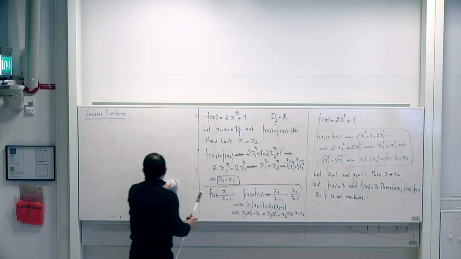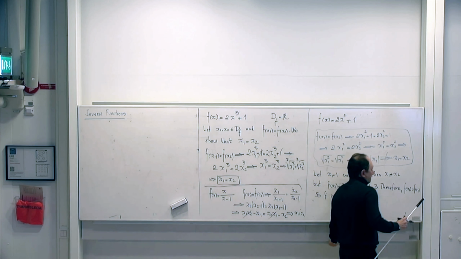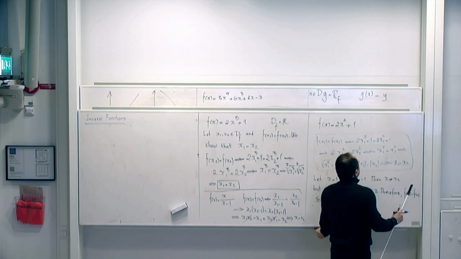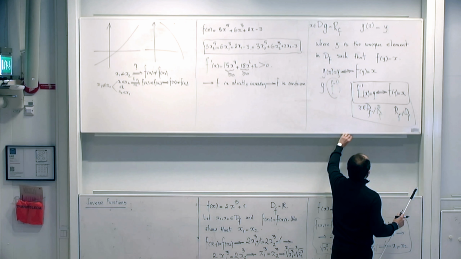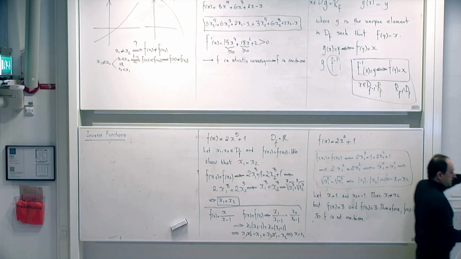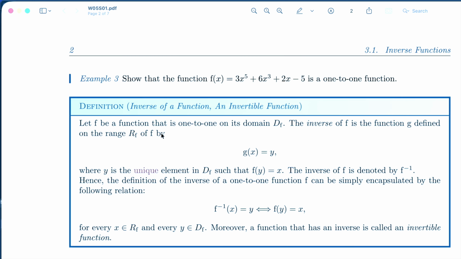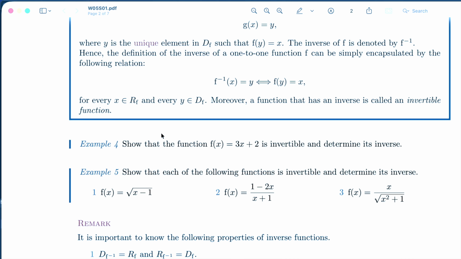Okay, so if I want to go to the next example number 4, it's very simple. So show that the function f of x equals 3x plus 2 is invertible. And by the way, I forgot to say, when a function is invertible, if there is an inverse for it, it means that it is one-to-one, okay? So show that this function is invertible and determine its inverse.